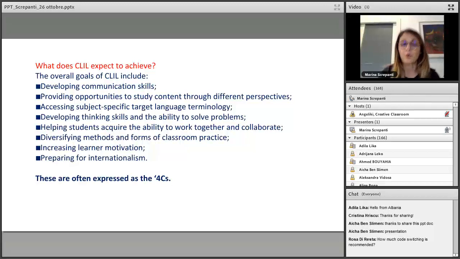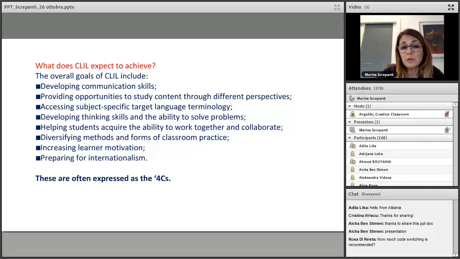As we said before, CLIL is not just studying a language, it's not just studying a subject, but it's manipulating the subject. So really understanding the subject, because students must learn the subject working on tasks, trying to understand, to analyze, to debate, to discuss, to evaluate things that are part of the subject.